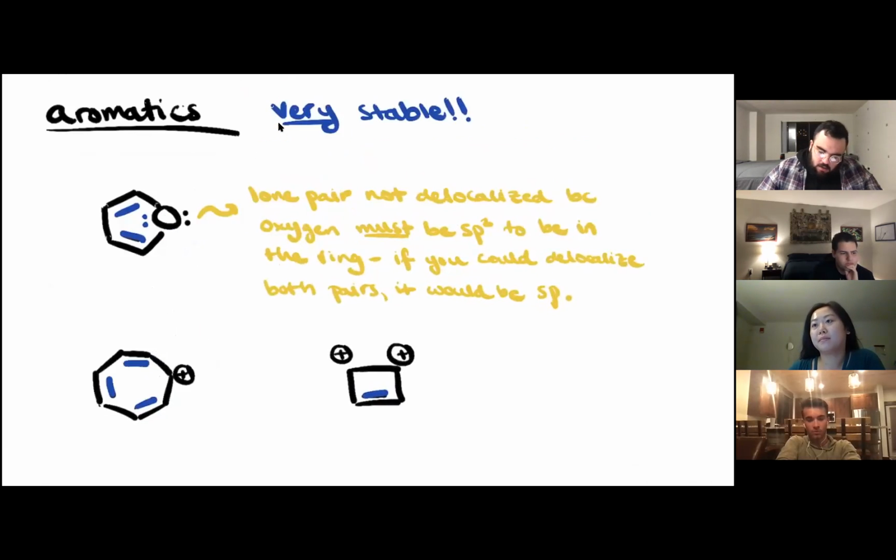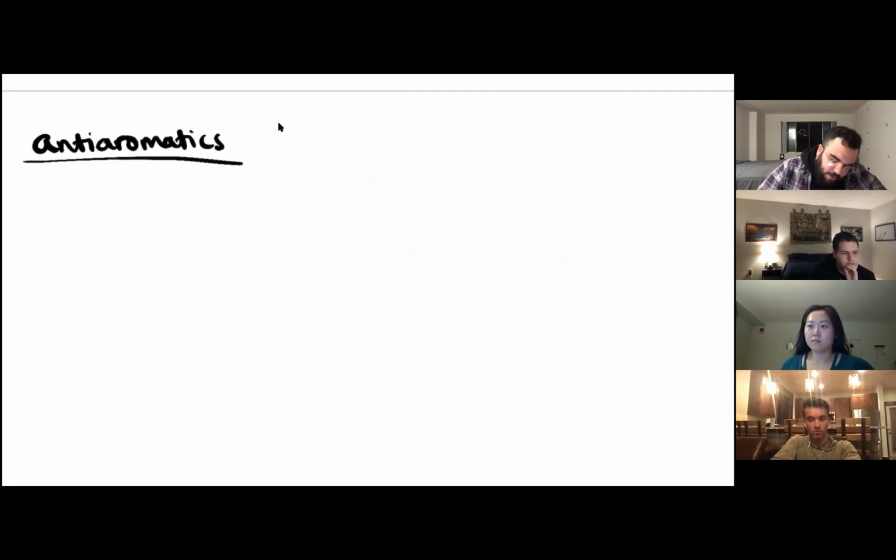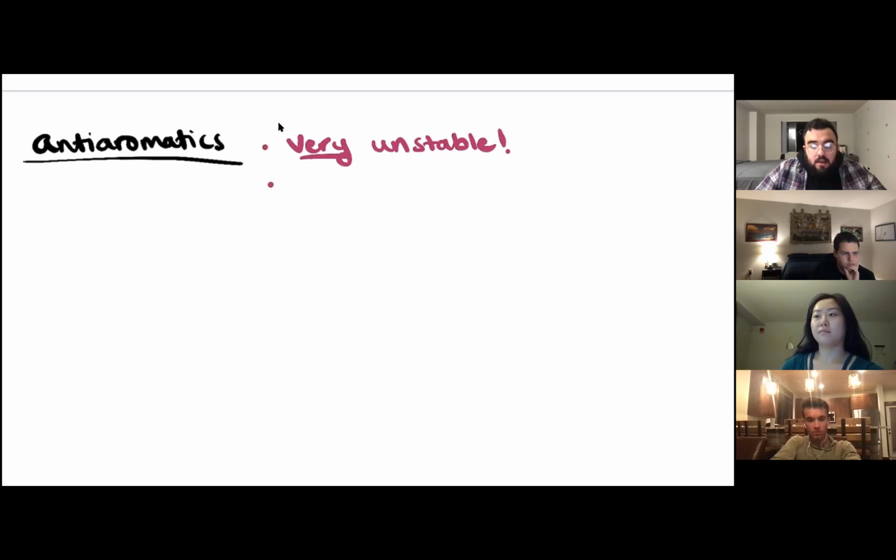All right, when we're talking about anti-aromatics, anti-aromatics are very highly unstable. And the only difference they have from aromatics is that they have an even number of pi electron pairs.